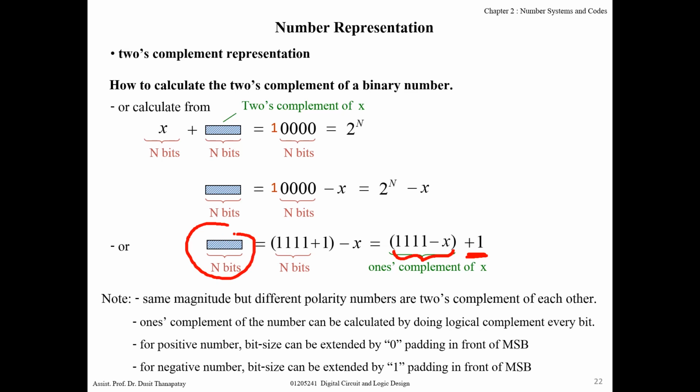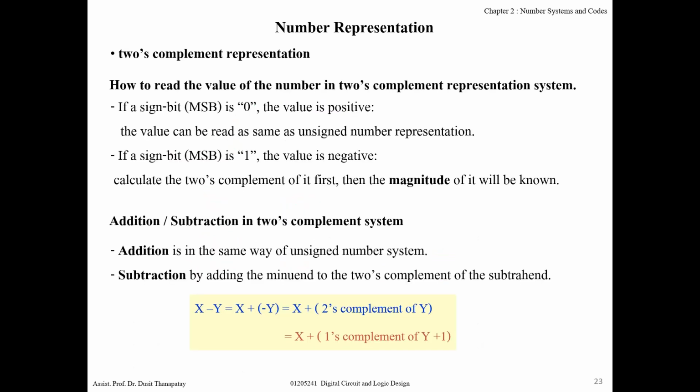So another method to calculate the 2 complement is to find the 1 complement of x and then add 1. The 1 complement of x is easy, right? You just invert each bit. And how about addition or subtraction?